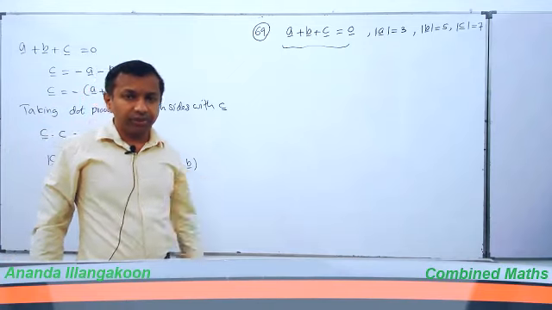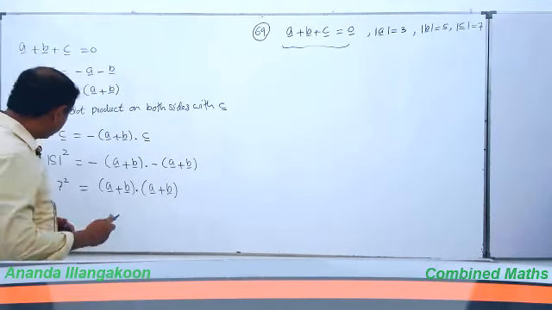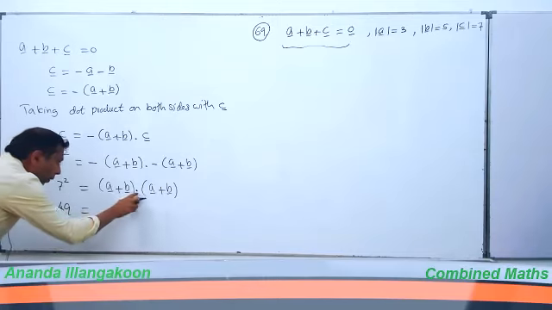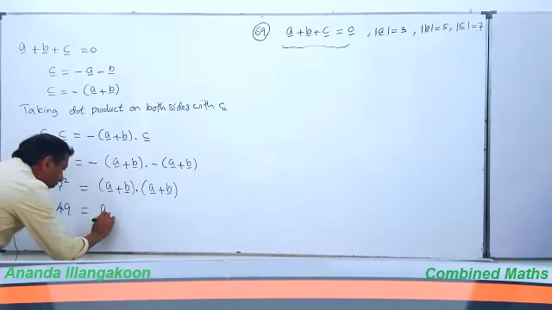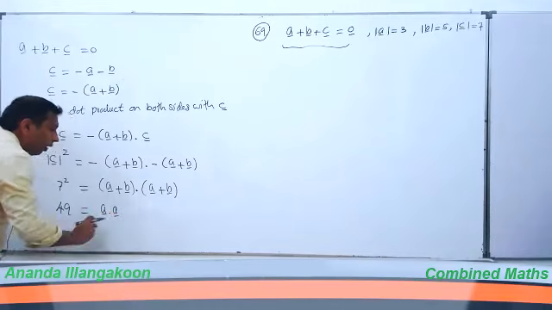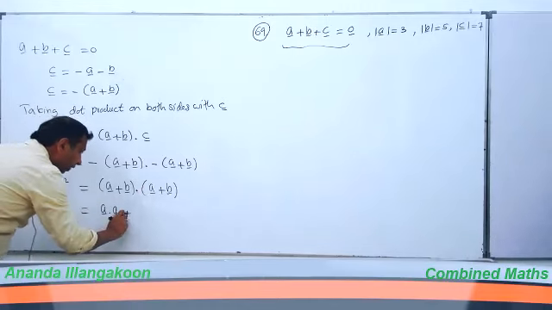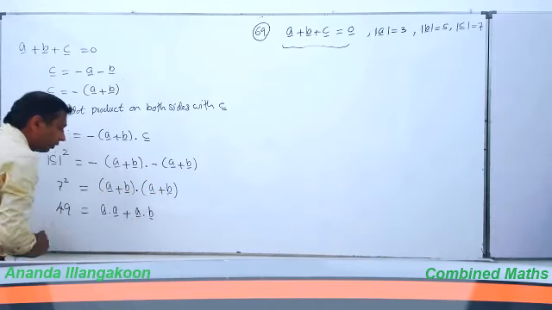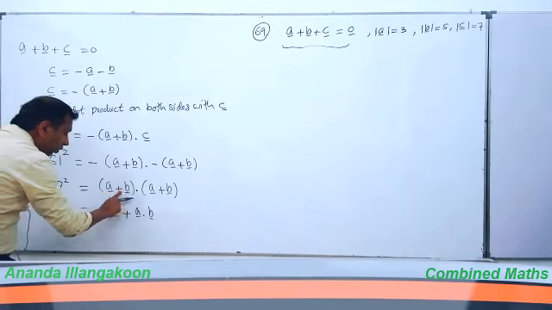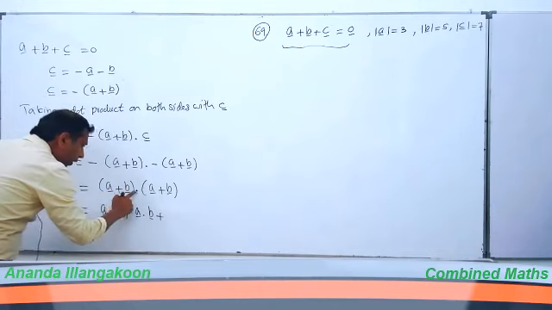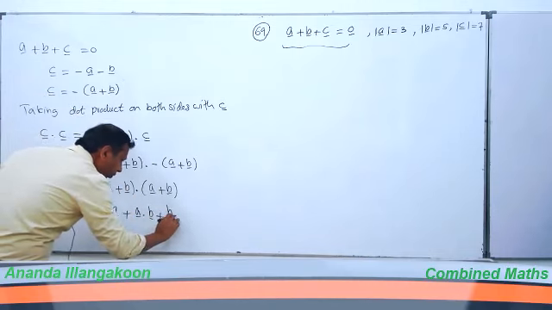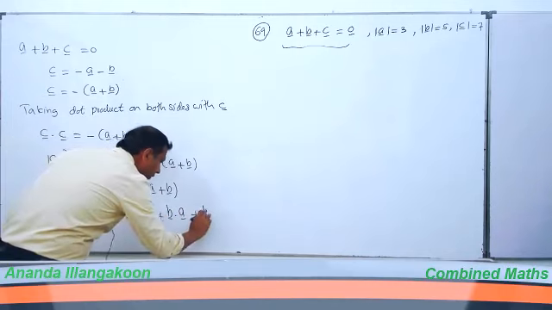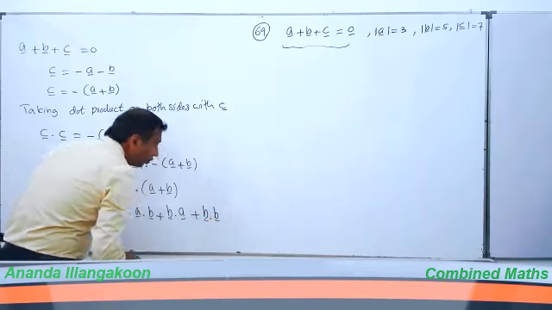That way you can remove the brackets. Then we can write 7 squared is 49, A dot A, plus A dot B, plus B dot A and plus B dot B.